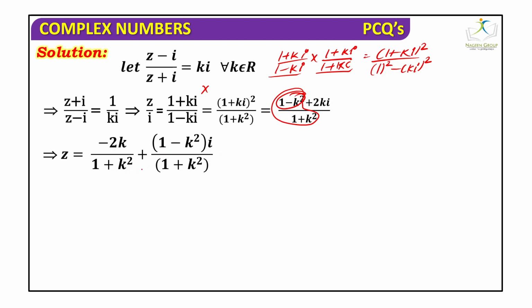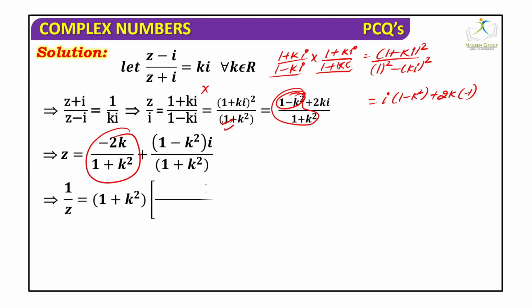Now from this we have z by iota, but if you multiply by iota, this value comes with iota: iota into 1 minus k squared, and this value becomes 2k into iota squared. What is iota squared? Minus 1. So this we have minus 2k by 1 plus k squared, and this we have an imaginary value.